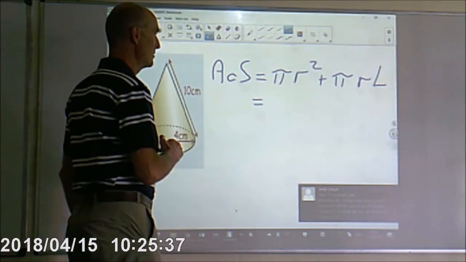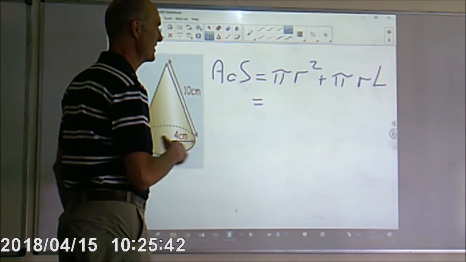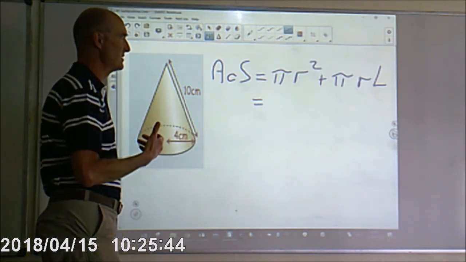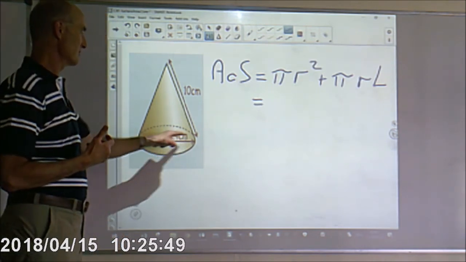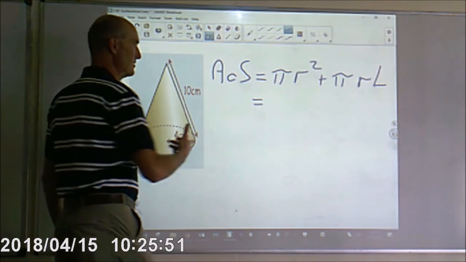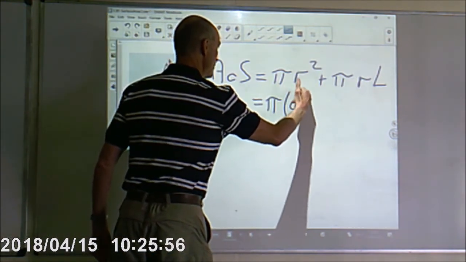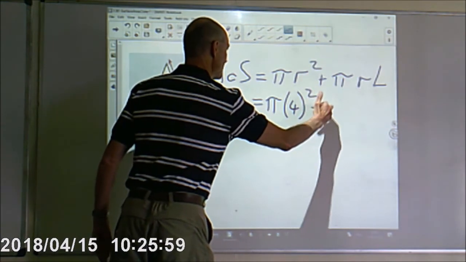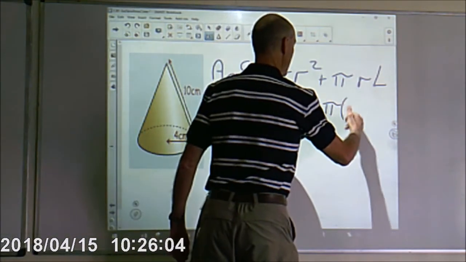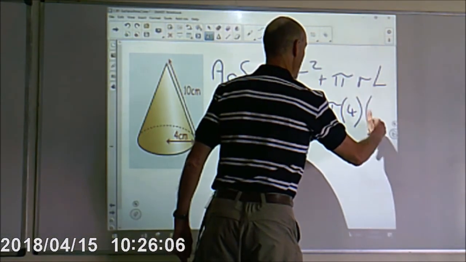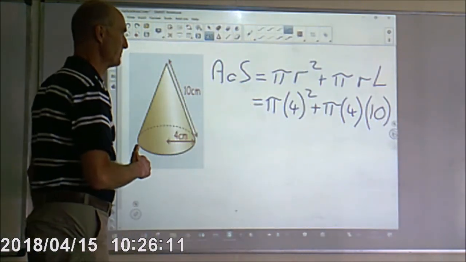I'm going to take the value of pi being 3 ultimately, but let's just not put pi into it for the time being. So R squared, R is this radius, the radius of the circle at the base. So it's pi 4 squared plus pi multiplied by 4, the value of R, and multiplied by L, which has got a value of 10 in this case.